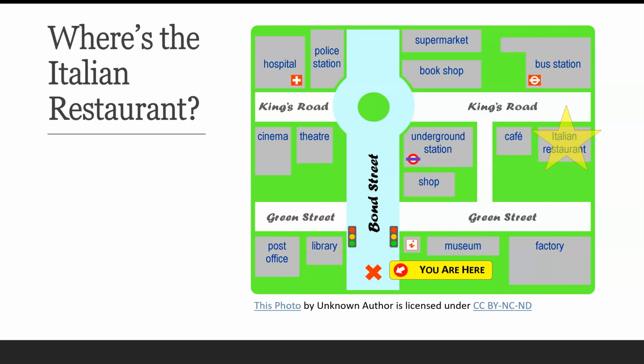Okay, next one. Where's the Italian restaurant? Okay, we see it there with the star. Okay, it's on King's Road. So that is only one street.